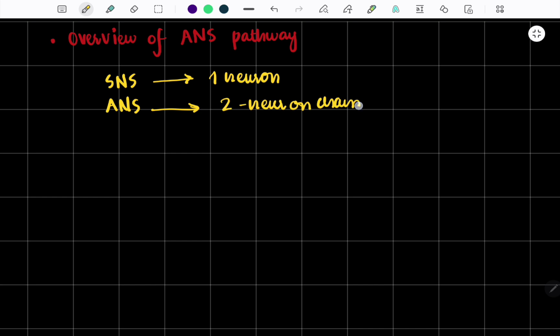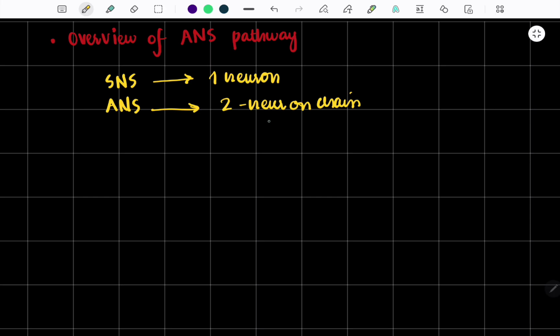Now, I already told you in the previous video that the somatic nervous system basically consists of a single neuron, and that's why its synapse is quite easy. But when we talk about the ANS, we must know that the ANS uses a 2-neuron chain, right? Now, what is this 2-neuron chain?